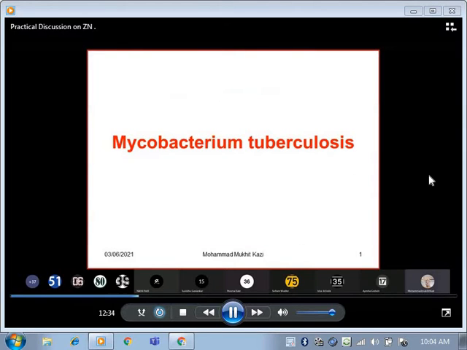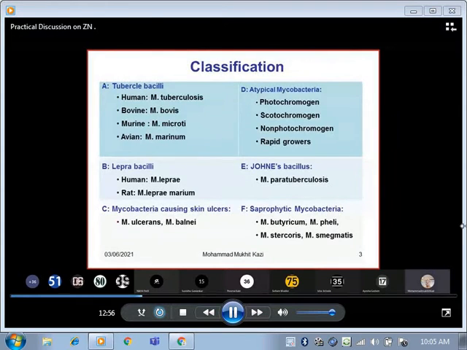When we are talking about the ZN stain, we are talking about a fixed set of questions related to Mycobacterium tuberculosis, atypical mycobacteria, and Mycobacterium leprae. You must read 3 chapters for one ZN staining, and generally we start ZN staining with the question of what is the procedure of ZN stain. I am sure you are all aware of the procedure.